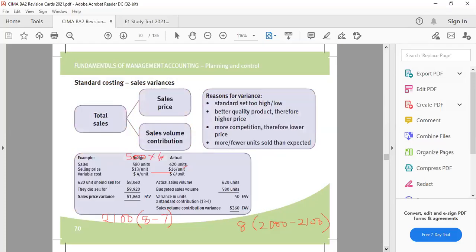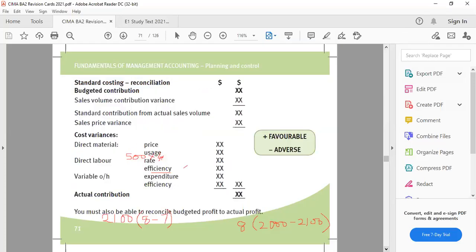Ma'am, can you mail me the revision card? I was not able to get it from the website. Revision cards you want? Done. Ma'am, should I put my mail in the chat box? I don't have your mail. You give me your WhatsApp number, so I'll send it to your WhatsApp.